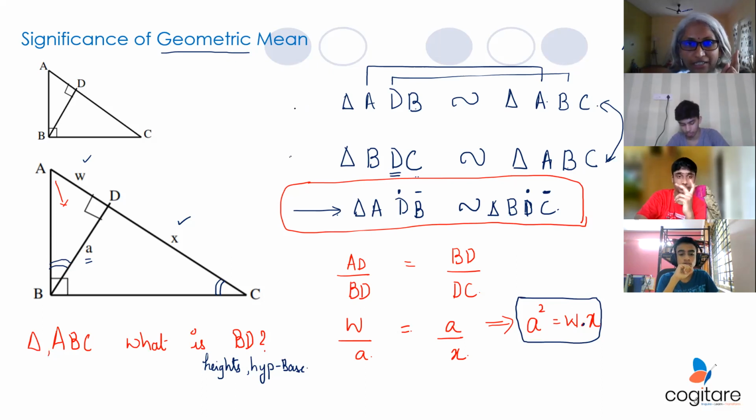Let's take the first line itself. We know angle A is common between ADB and ABC. Then angle ADB is equal to angle ABC, 90-90. So they are similar. In similar triangles, it means the remaining angles should be equal, no? This is what you've done in the entire similarity chapter.